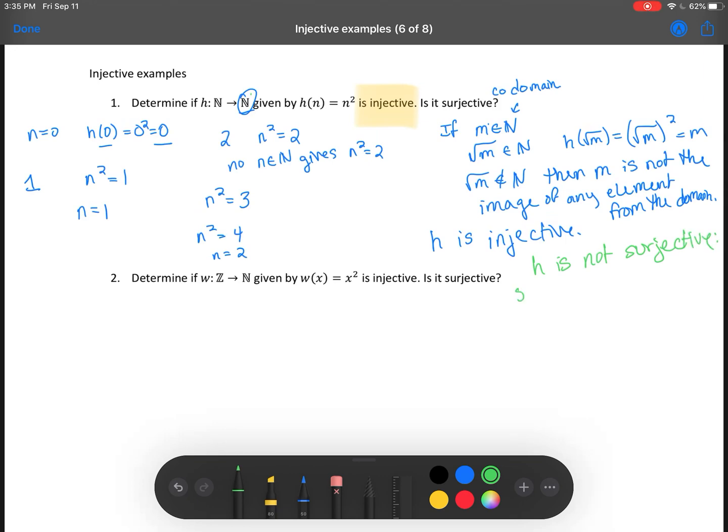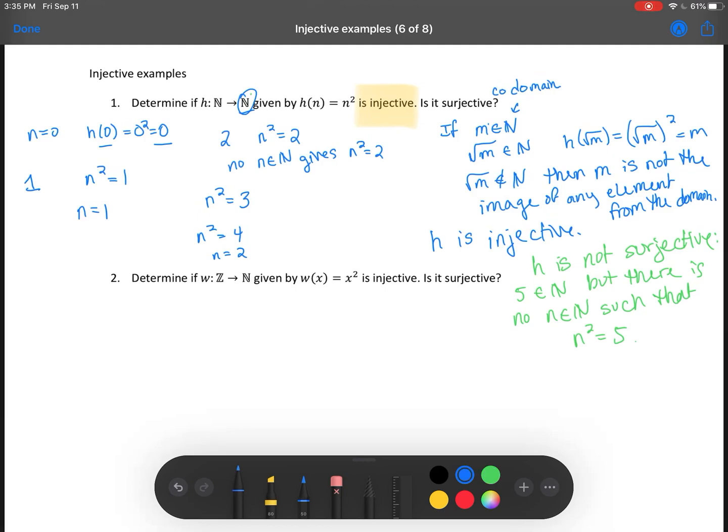So for instance, 5. So 5 is in the natural numbers, but there is no n in the naturals such that n squared is equal to 5. All right, so just giving one example of an element of the codomain that doesn't have a corresponding element in the domain is enough to say that it is not surjective.